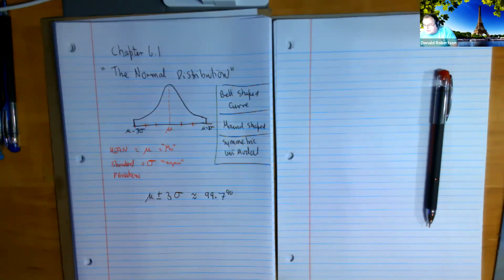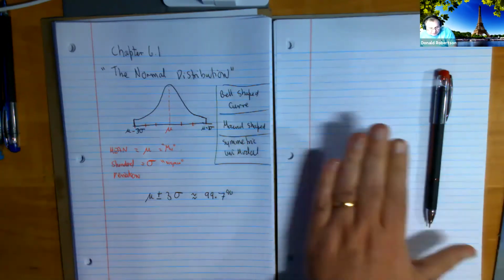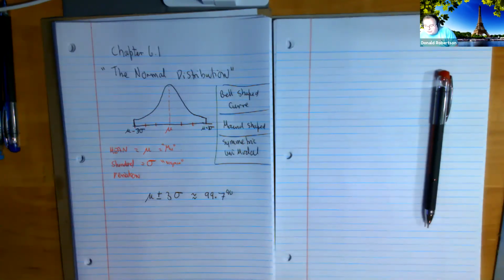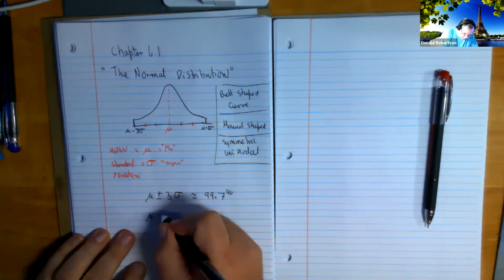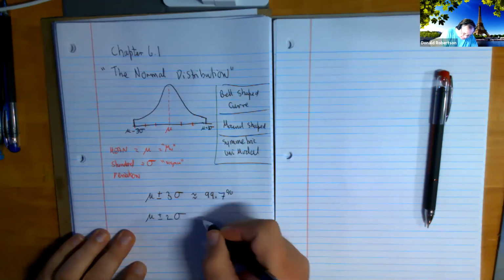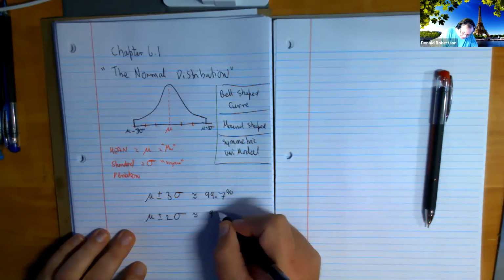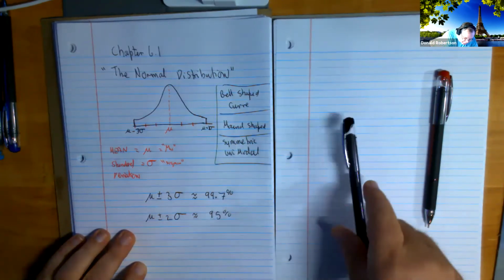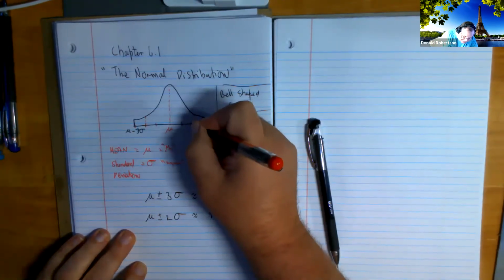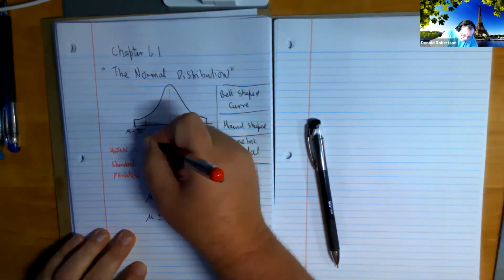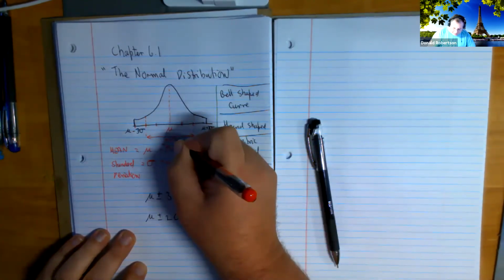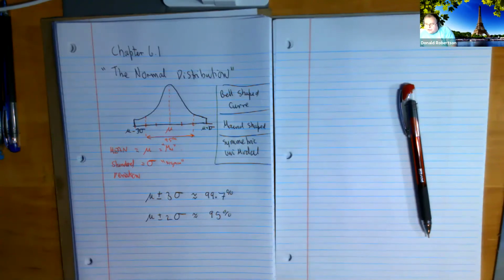Pretty much almost everybody. So if you take the average height of an American and you find the standard deviation, and you add and subtract 3 standard deviations from that number, virtually everybody in America is in that range. Now, if you only go 2 standard deviations, from here to here, you still get a large percentage of Americans, and that's 95% of all the data in that range.